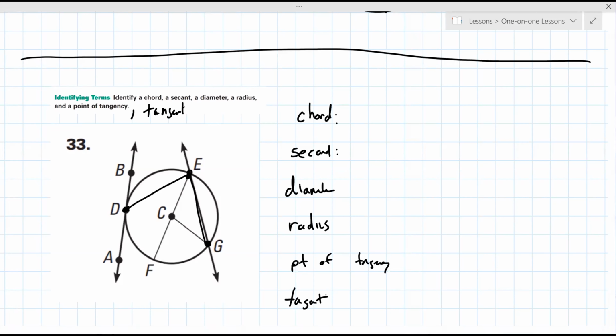How are you doing on this? Not radius. Do you want me to do a tangent too? Okay, yeah, I see that.